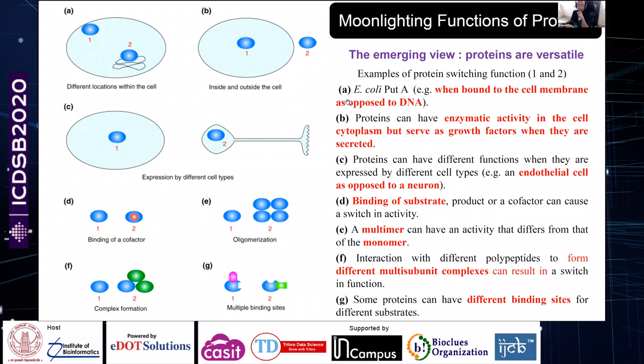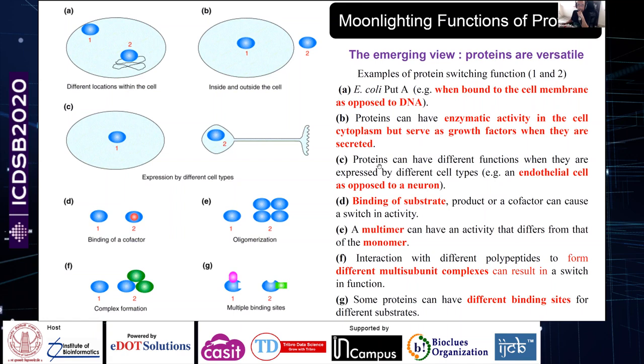For example, you have E. coli put a protein, it does a different function when it is bound to the cell membrane as opposed to a DNA. There's another example. The enzymatic activity is different when it's inside the cell, but this converts to a growth factor when it is secreted.